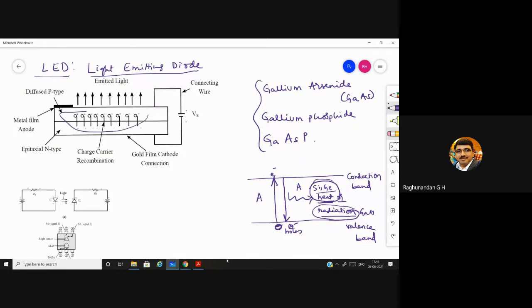This light has to be concentrated in only one direction. You have seen normal LEDs like this. If the light is also coming downwards, what will happen? Is it useful if the light is coming downwards?